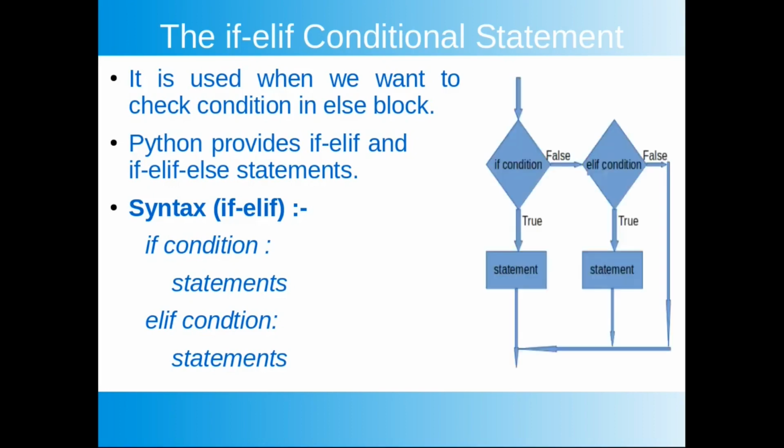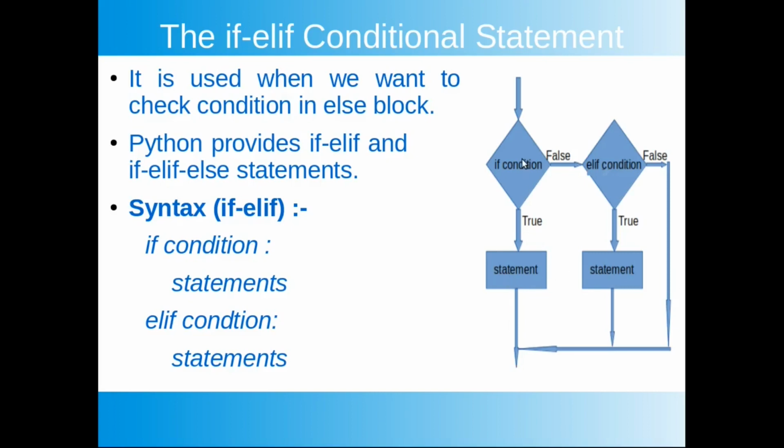The working of if-elif can be easily understood with the help of the flowchart. Here, if the condition is true, then the statement inside the if block will be executed, and after that the control will return to the original flow of the program.